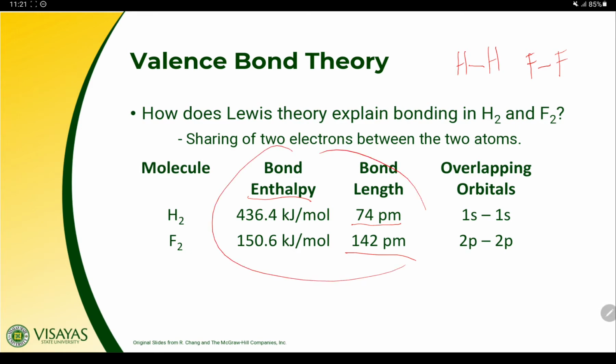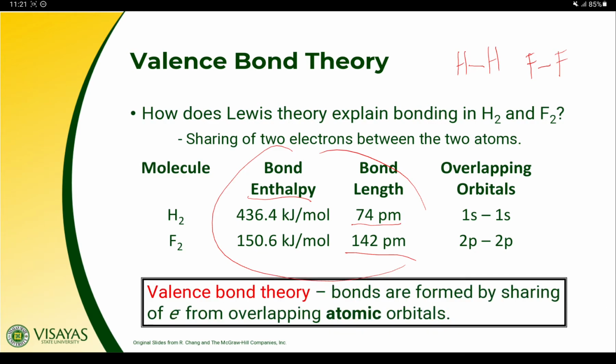So now we have our valence bond theory to answer this concern. According to valence bond theory, electrons occupy orbitals, and bonds are formed by sharing of electrons from overlapping atomic orbitals.